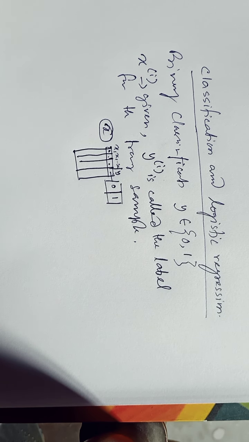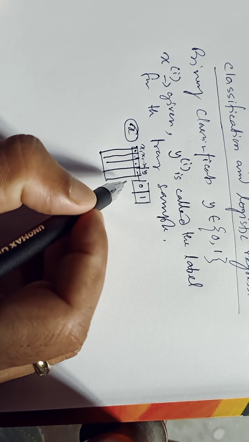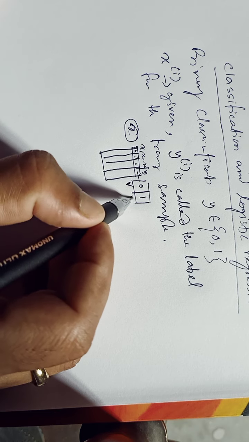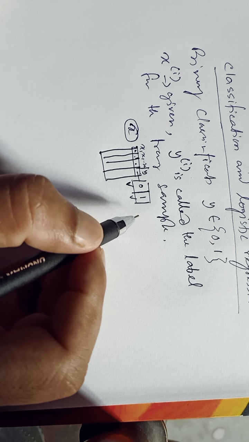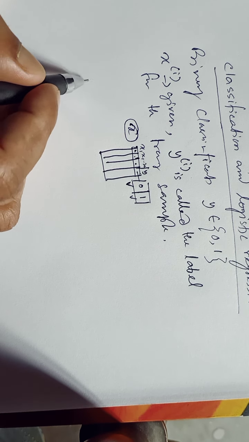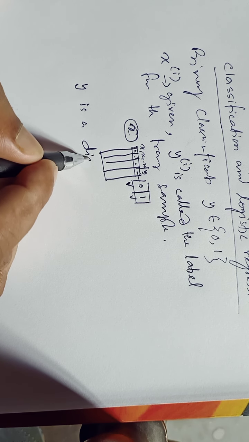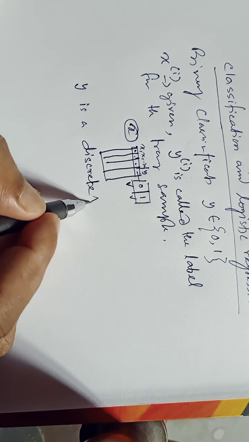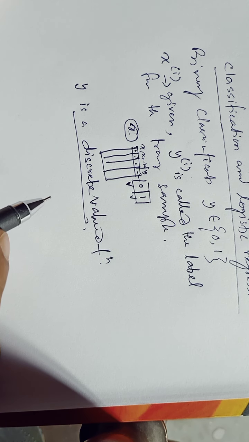So here the output is either 0 or 1. There is no continuous value like in linear regression. So we say that y is a discrete valued function.